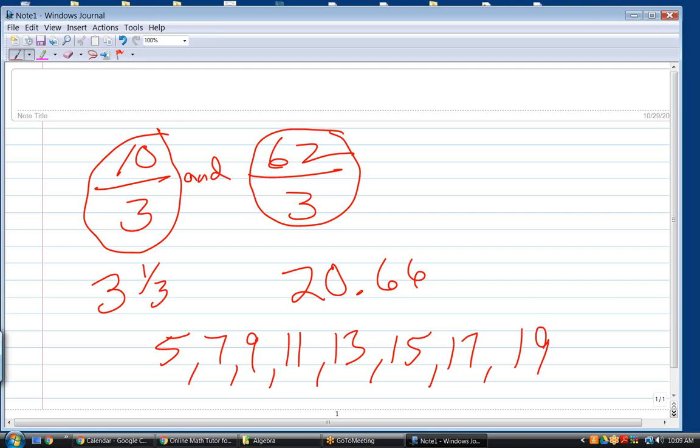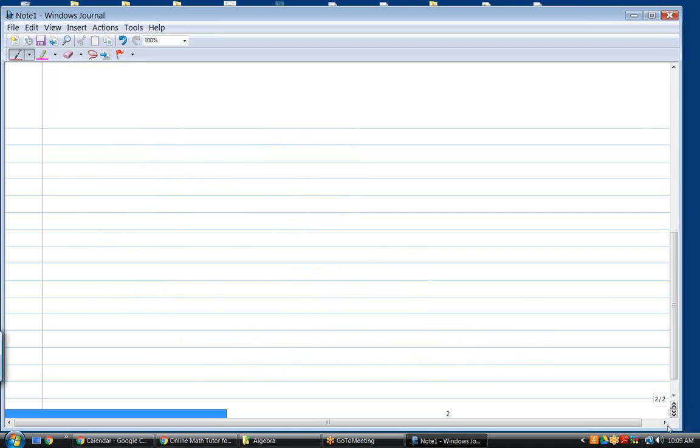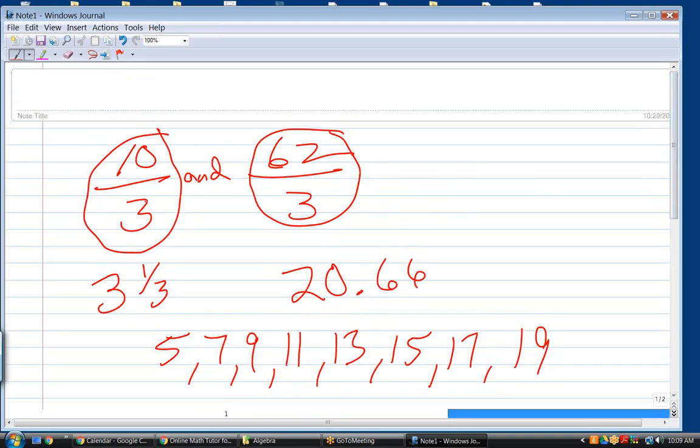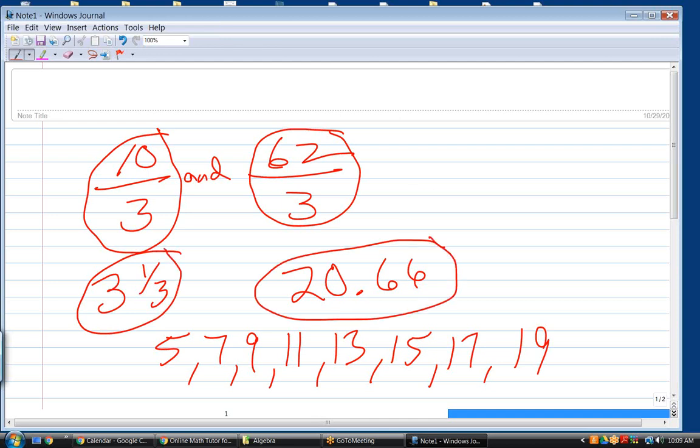There are 8 odd integers between those two fractions. So we have first to divide it, then we find the odd number. Yeah, pretty much, unless you convert that to a number that you can put on the number scale. It's going to be hard to make progress. So the first thing is to put it into what's called a proper fraction. And it didn't matter whether I wrote it as 20.66 or 20 2/3. I was going to get the same answer regardless.